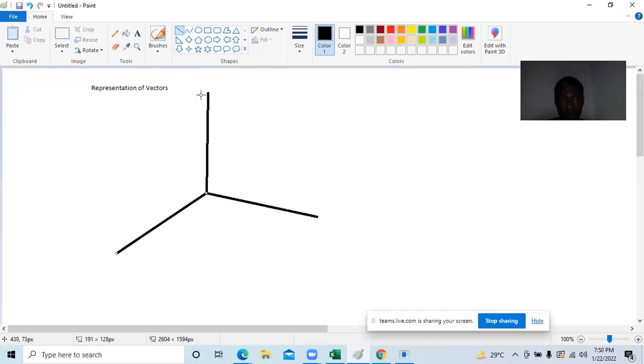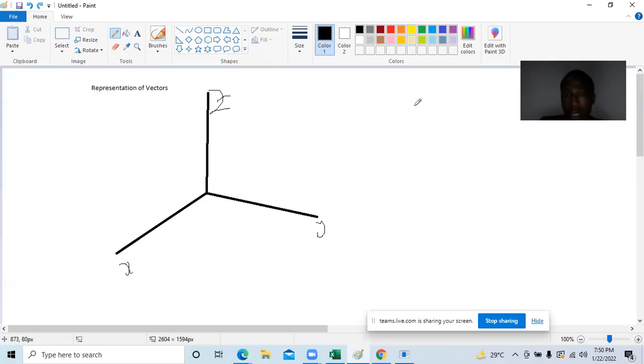So this is vector X. This is vector Y. You can draw this better on your notes, but it's harder for me to draw on my laptop until I get a touchscreen laptop. This is vector Y, and this is vector Z.